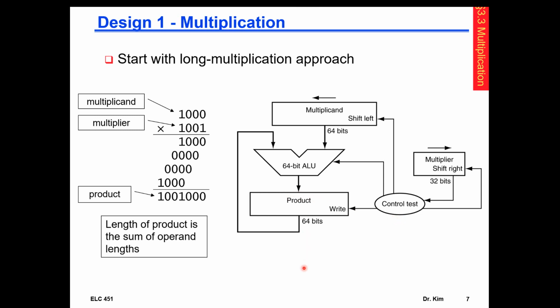The product is the output of this, and the inputs are the multiplicand and the multiplier, which you can latch into the registers at the beginning of the process. So that is a raw implementation of a sequential multiplier.